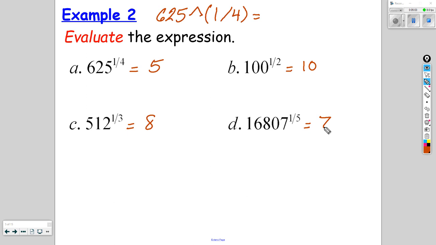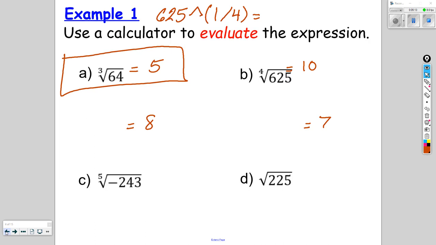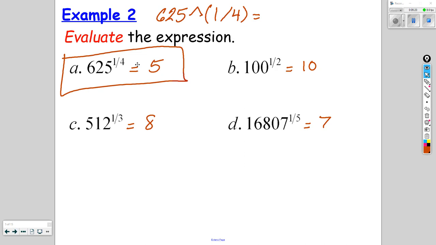One thing that you might have noticed between these two examples is part A here in example 2, and then on the last slide, part B. Both yielded 5. I'm just going to rewrite this. 625 to the 1/4 equaled 5, and then when we took the 4th root of 625, that equaled 5.